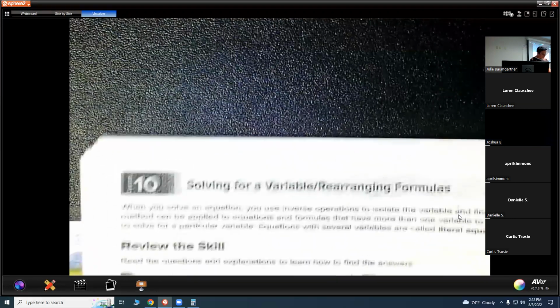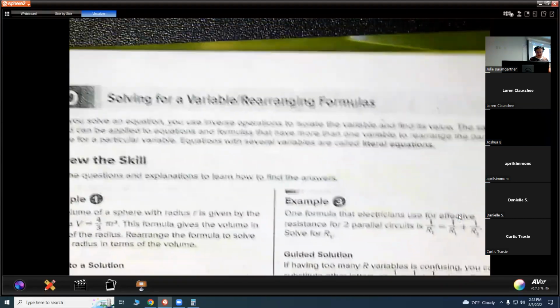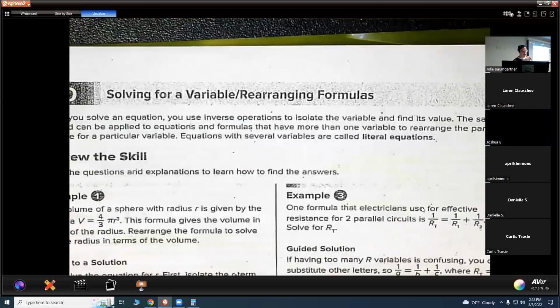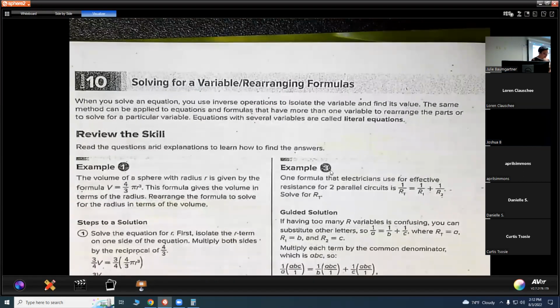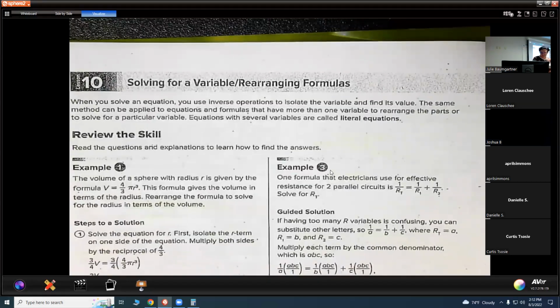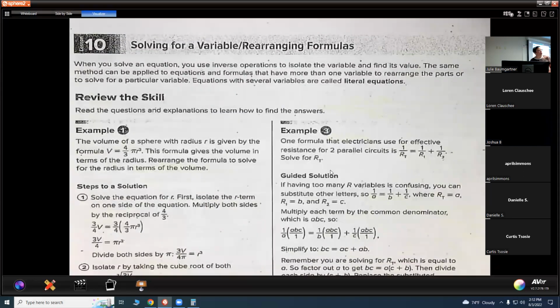Okay, let's see what we've got. I think we've been kind of doing this a little bit when we've been combining like terms, but we're going to keep using those skills to manipulate our equations when we're trying to find something specific.